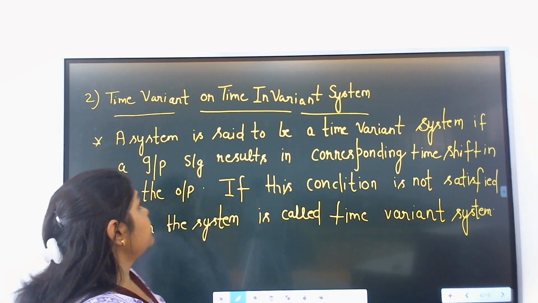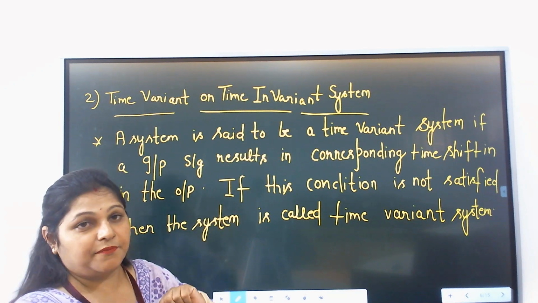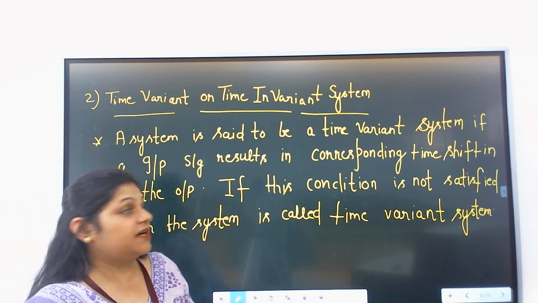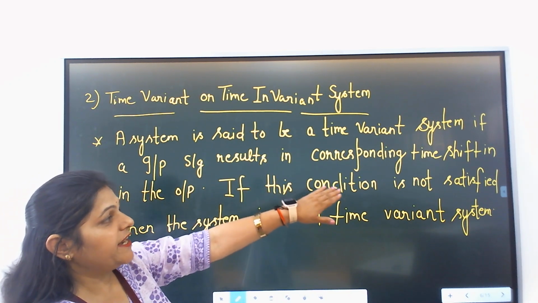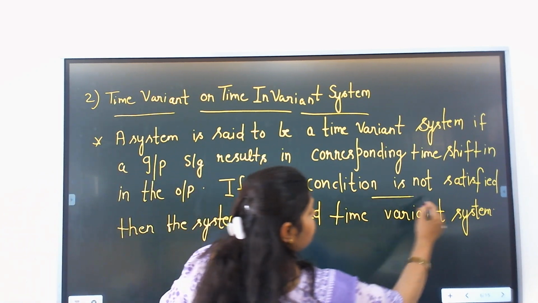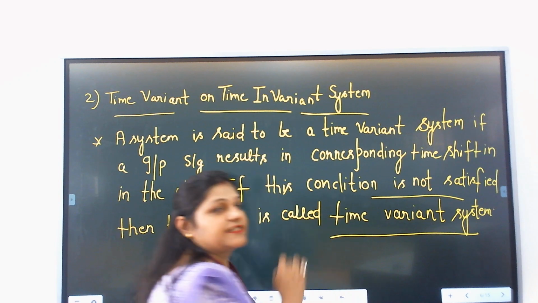Okay. Next is time variant or time invariant system. A system is said to be a time invariant system if a time shift in the input signal results in a corresponding time shift in the output. If this condition is not satisfied, then the system is called a time variant system.